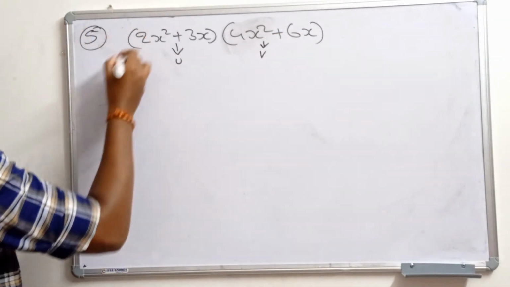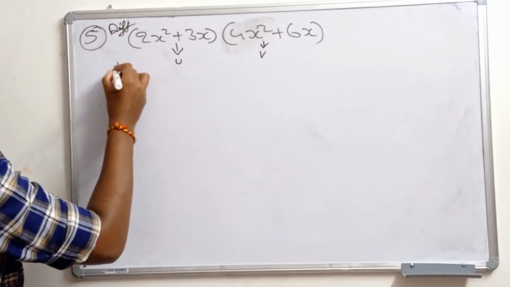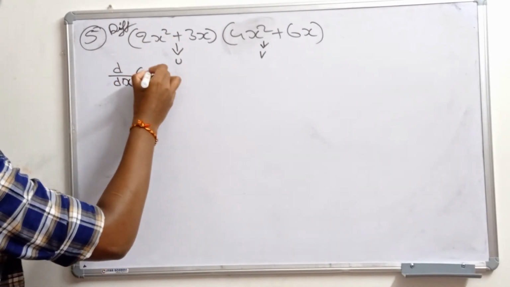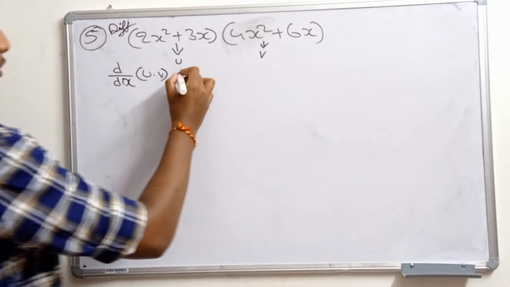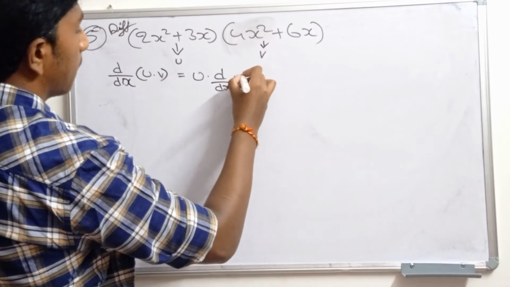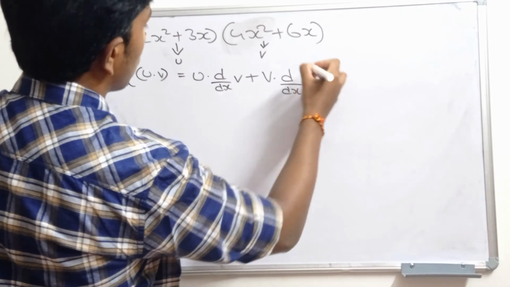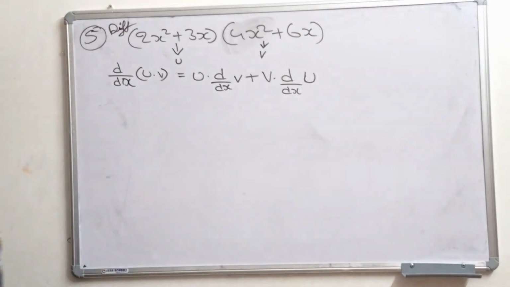Okay, that means we are differentiating it here. So we can write that as, differentiating with respect to x, d by dx of u into v. Am I clear guys? The formula is u into d by dx of v plus v into d by dx of u.